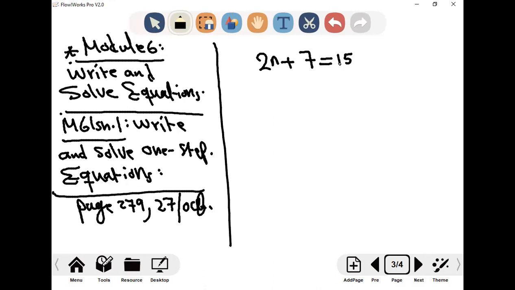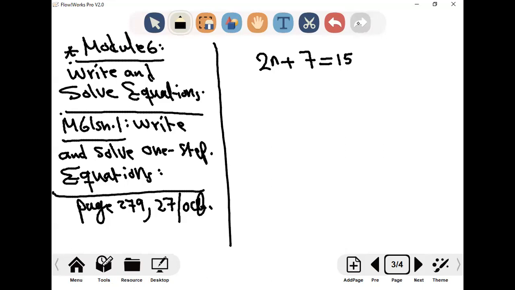So without the equal sign, focus. This algebraic expression with the equal sign is an equation. So equation, the first two letters of it are EQ, right? And U from equal.